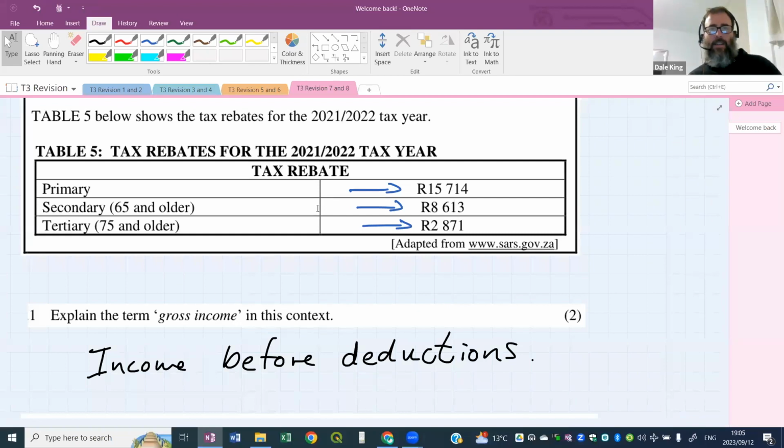Because a 65-year-old person gets the main one, they call it the primary rebate. That's why it's called primary. 65 and older get a secondary, which means another one. Oh, okay. So it's a primary rebate, and then you get a secondary rebate and a tertiary. So you get 3 rebates if you're 75 or older.